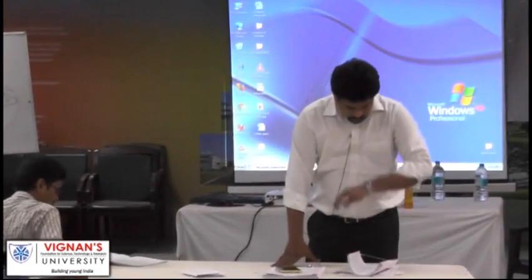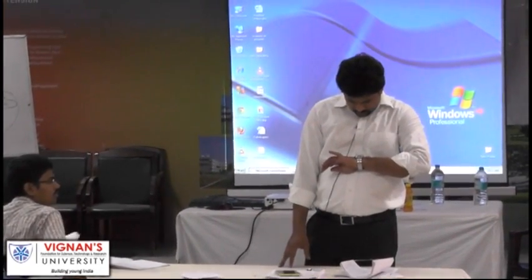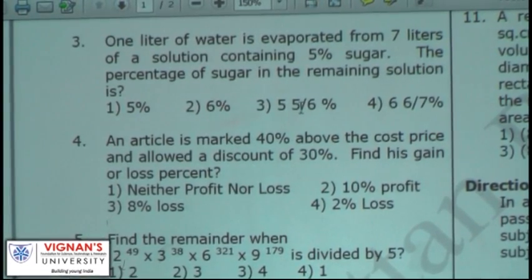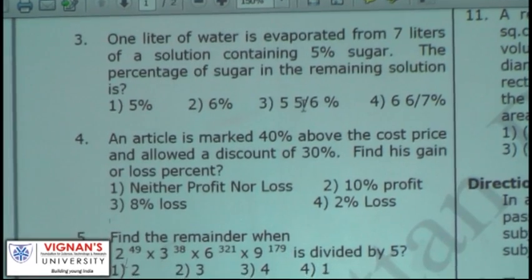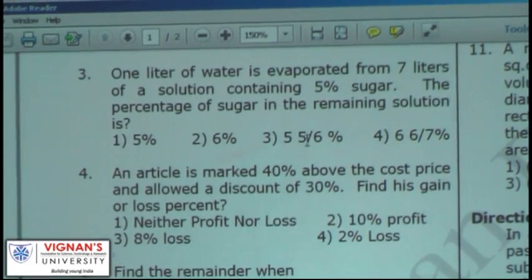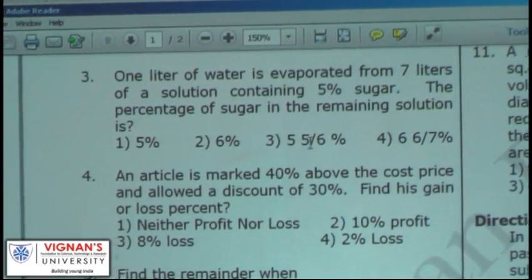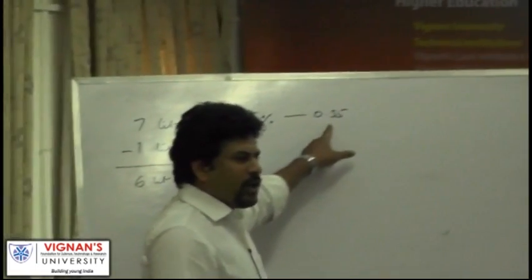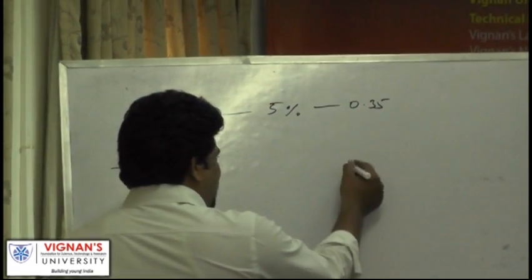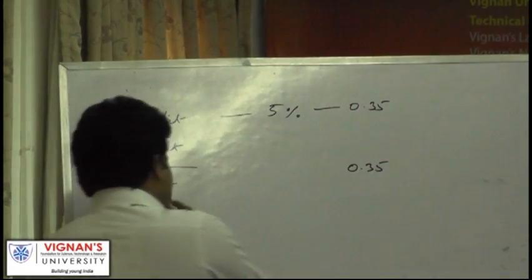Now, liters. Now only water evaporated. So there will not be change. The quantity of sugar is not going to change because only water evaporated. 0.35 liters of sugar was present out of 7 liters earlier. Now the same 0.35 is present out of 6 liters.